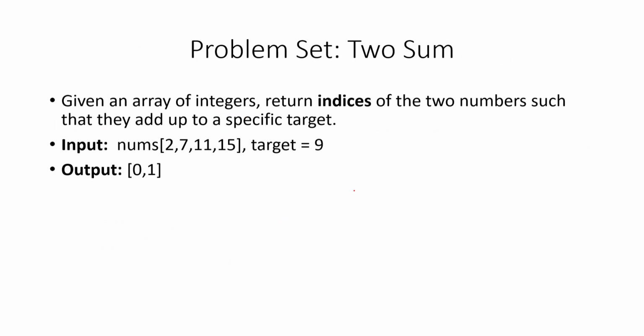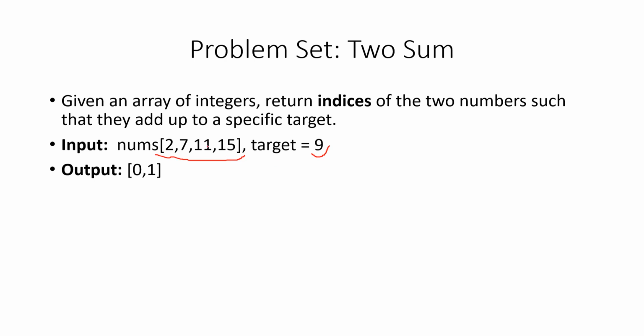And next problem is, we have an array of integers, and you need to return the indices of two numbers such that they add up to a specific target. So here we have an array something like 2, 7, 11, 15, and the target is 9.